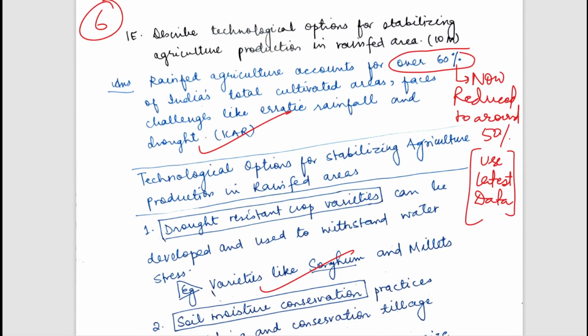The next question is, describe technological options for stabilizing agriculture production in rain-fed area. Okay, one thing I must let you know, you can see the student had mentioned here over 60%, but when you see the latest data of ICAR or any renowned website, you will find that now it has reduced to around 50%. I think particularly recently I've seen it is around 51%.